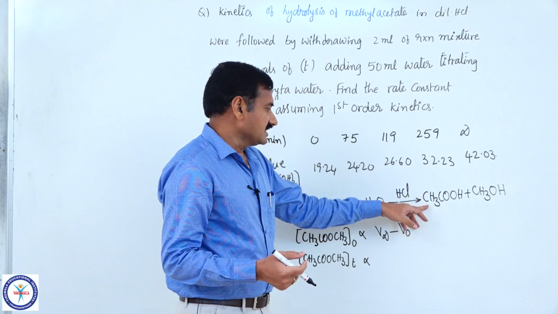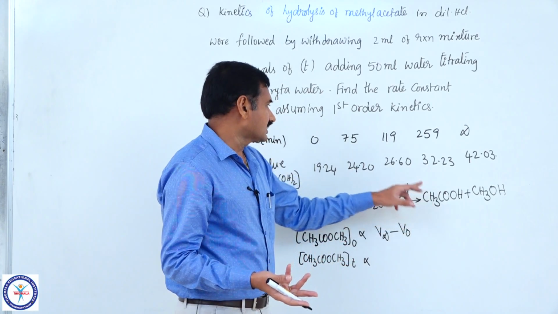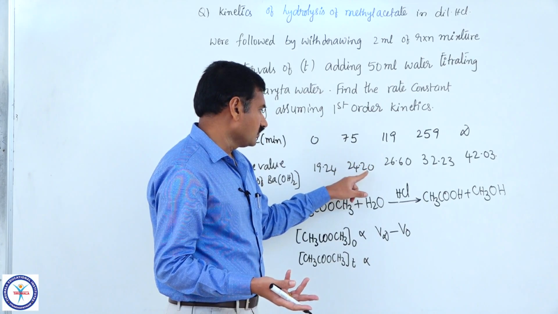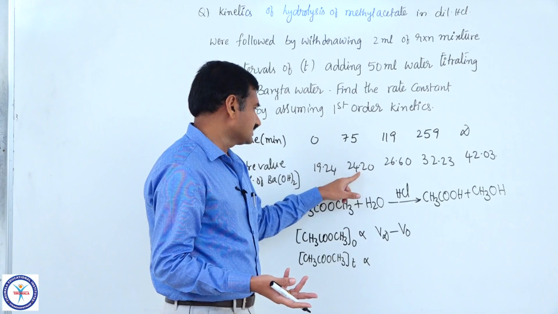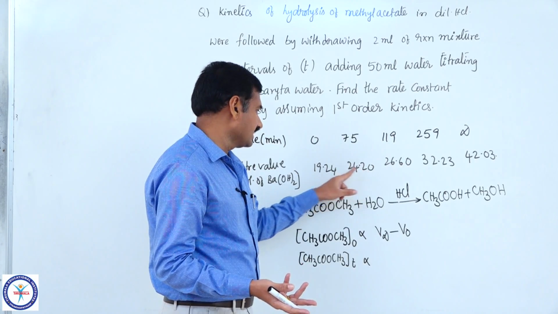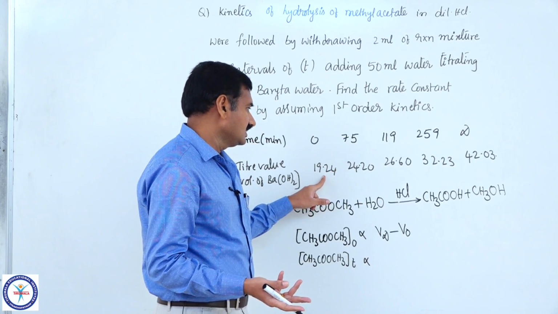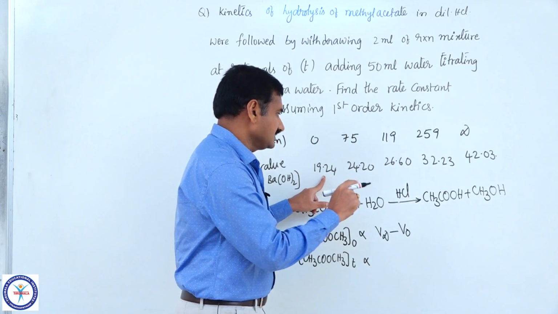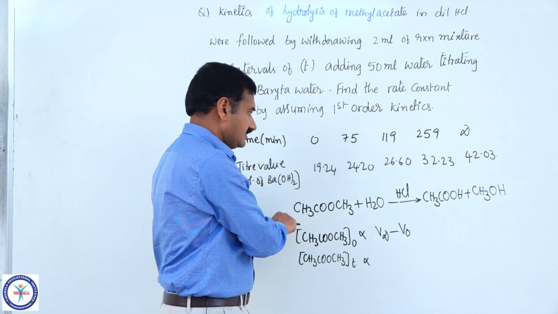So, acetic acid produced will be reacted with barium hydroxide. So, at a time t equal to 75 minutes, 24.2 ml volume of barium hydroxide is required. Out of this 19.24 is for HCl. So, 24.2 minus 19.24, that is Vt minus V naught, is the volume of barium hydroxide required for acetic acid produced, means that is methyl acetate reacted.